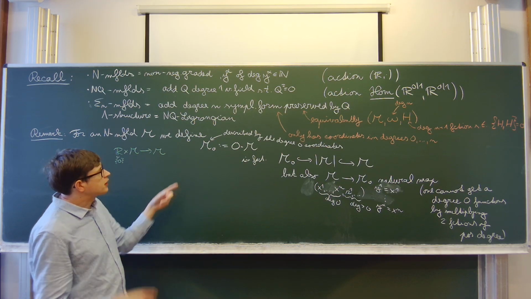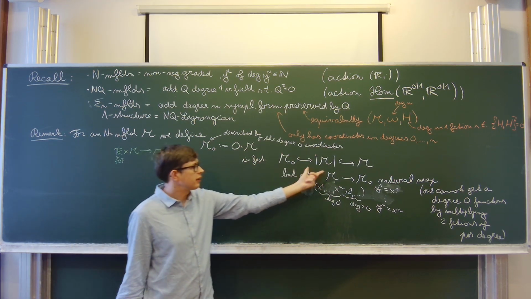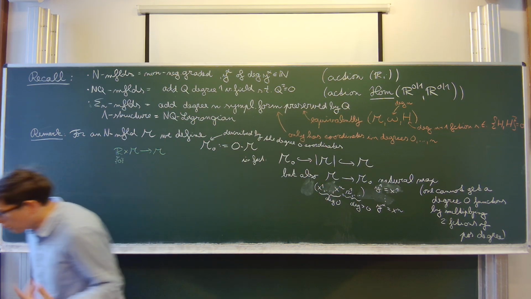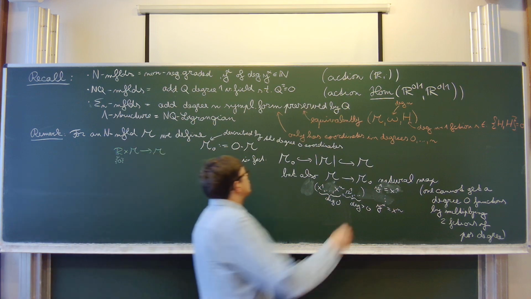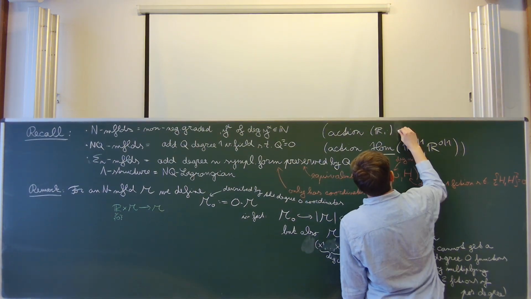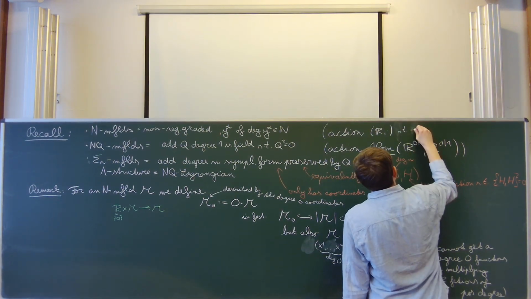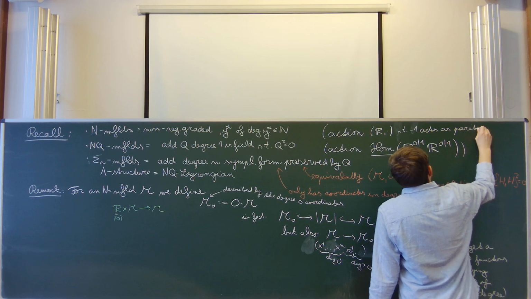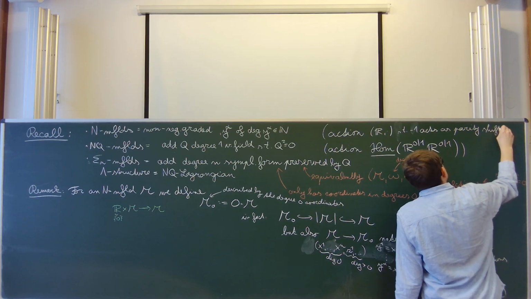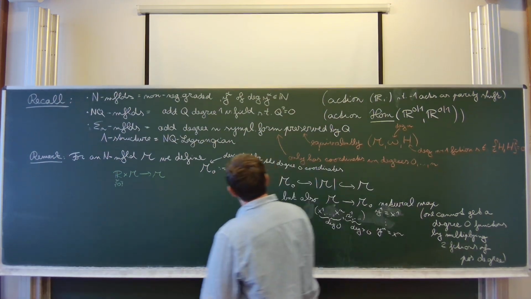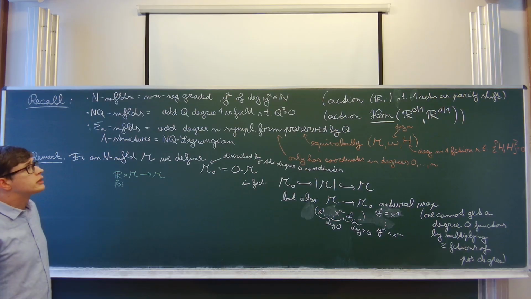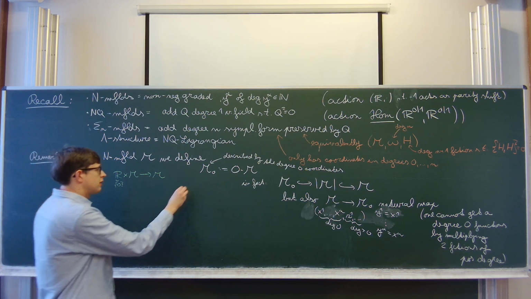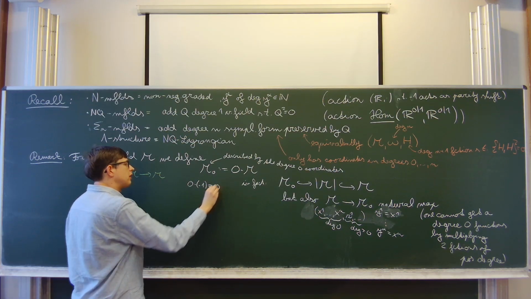The first claim is that this image is actually inside this bit, and that should follow from the fact that there's an action such that -1 acts as parity shift on the supermanifold, and since 0 times -1 is 0.